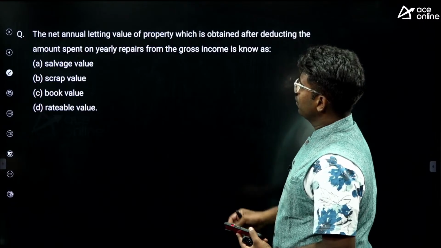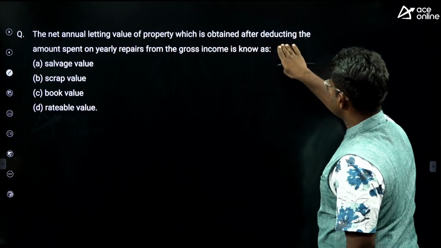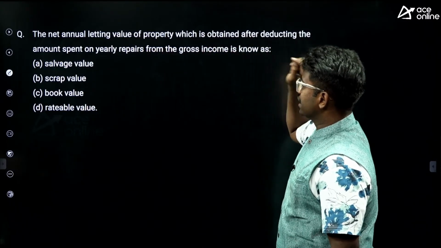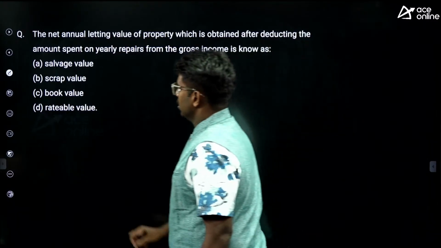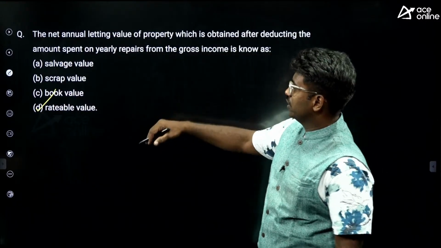The net annual letting value of the property, which is obtained after deducting the amount spent on yearly repairs from the gross income, is known as rateable value. Just see the question.